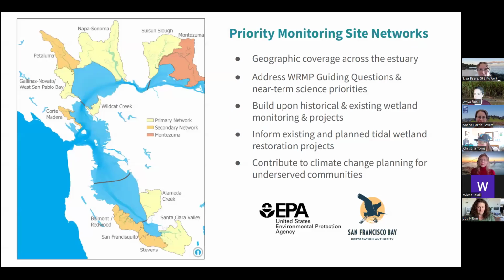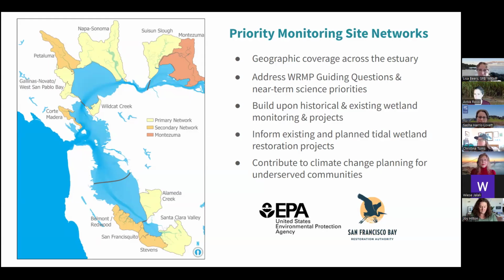The WRMP is focusing on six main priority site networks that are shown in light yellow on the map. The goal is to have broad geographic coverage across the estuary, and we are addressing our guiding questions and near-term science priorities within these areas. We also have secondary networks across the estuary, including in Montezuma or in the Suisun, so that we can better collaborate with the research going on within the Delta.